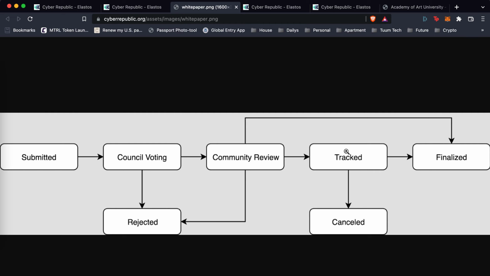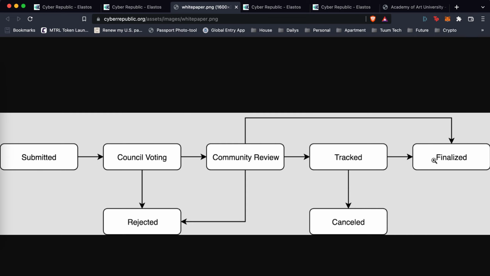So in order to track it correctly and step by step, the original proposal owner gathers a team, gets the funding, and you start to check off different tasks based on the milestone date and the due date that it has. So the next step after the tracked is finalized.